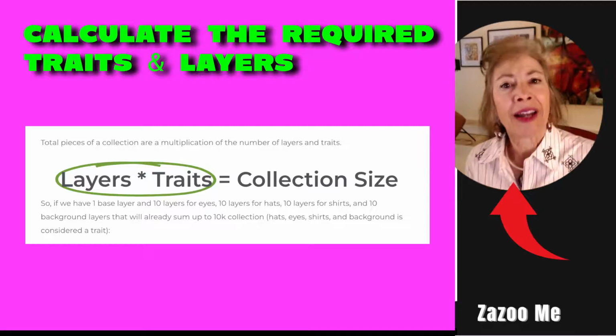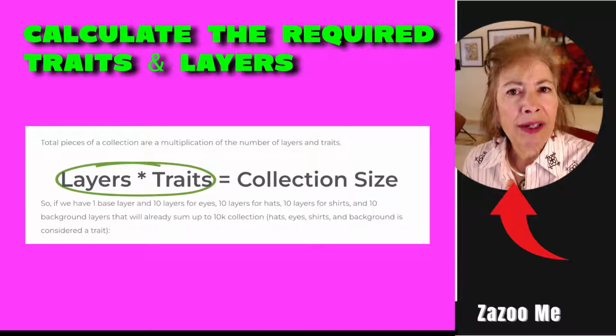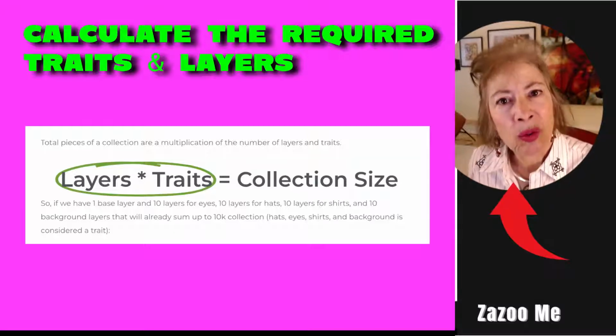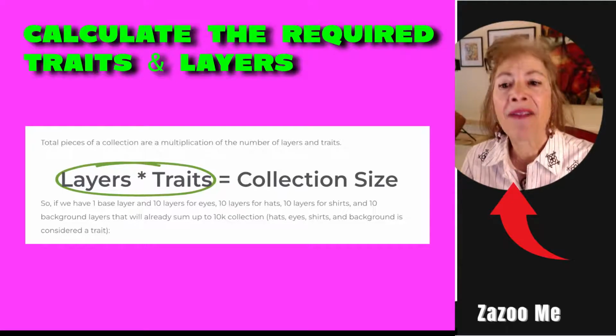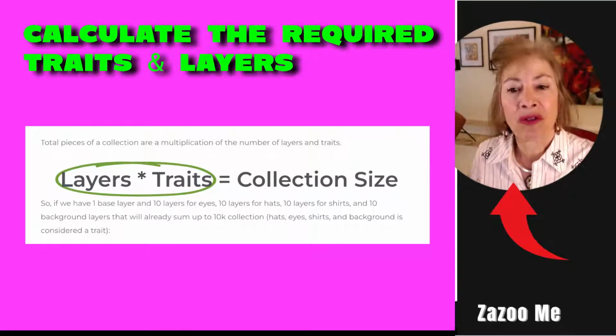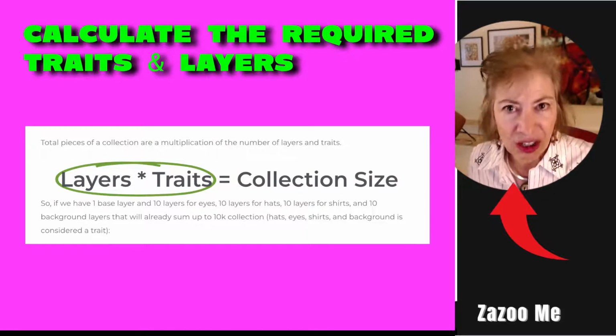How to calculate the required traits and layers. The first thing you want to decide is how many total pieces will be in your collection. That is a multiple of your layers and your traits. So the layers and the traits equal your collection size.